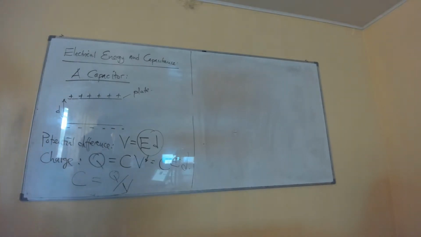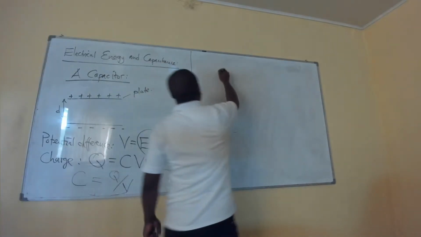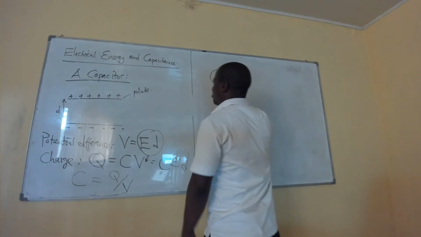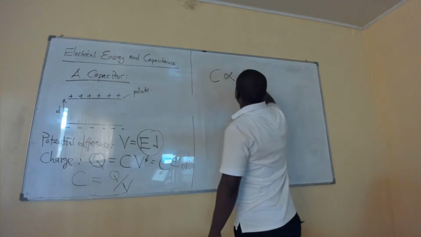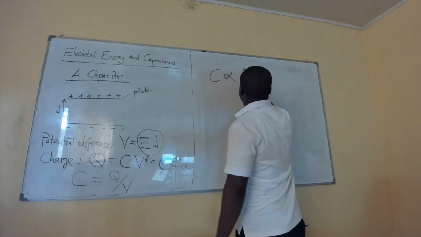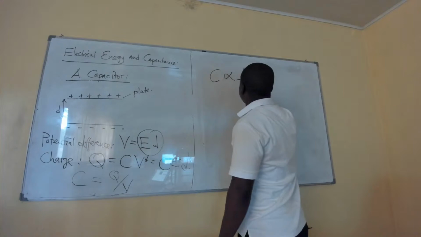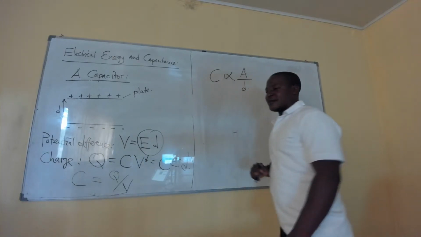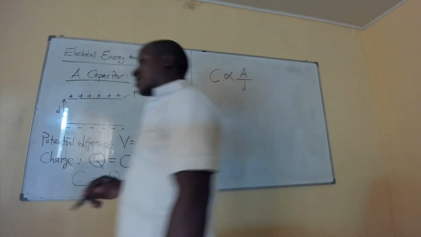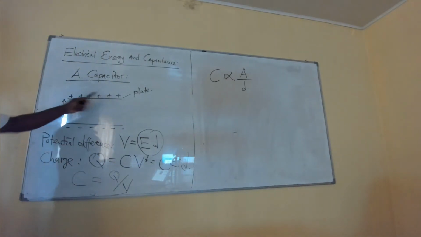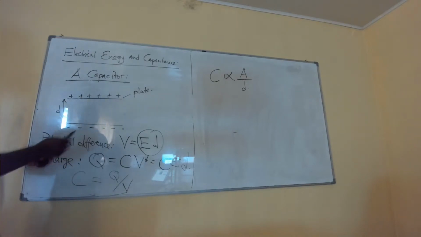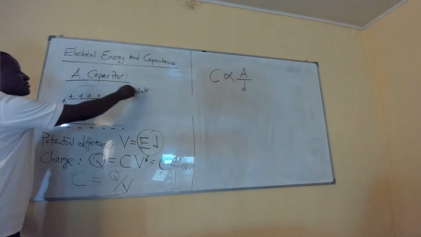Now, in an event that we have the area here, our capacitance C is directly proportional to the area of the capacitor divided by the distance. Right? This is how you put it. So we are saying the bigger the area, that is the surface area of the plate, because on top here, this plate may be like this.